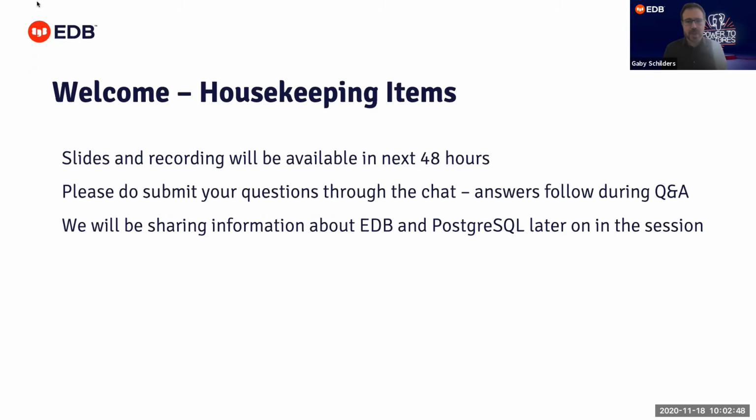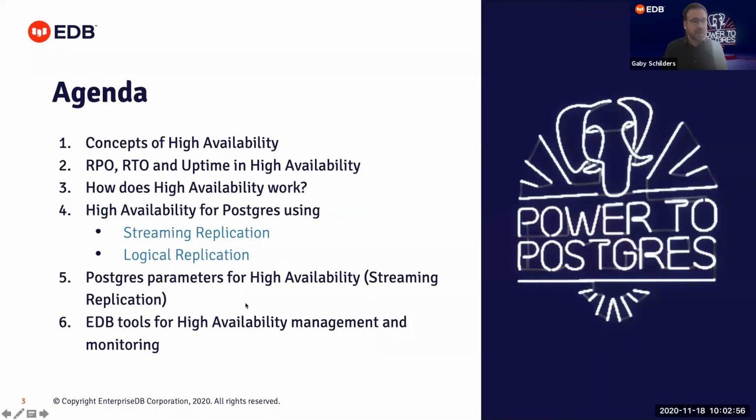So, on the topic of today, what we're going to discuss is HA, high availability. What we're going to talk about is what it really means to be highly available, what the measurement criteria are for high availability, how it works, at least for databases, and how you can achieve high availability with Postgres and our EDB tools.